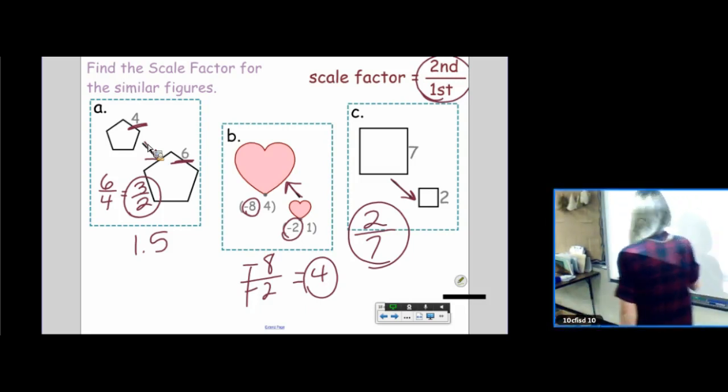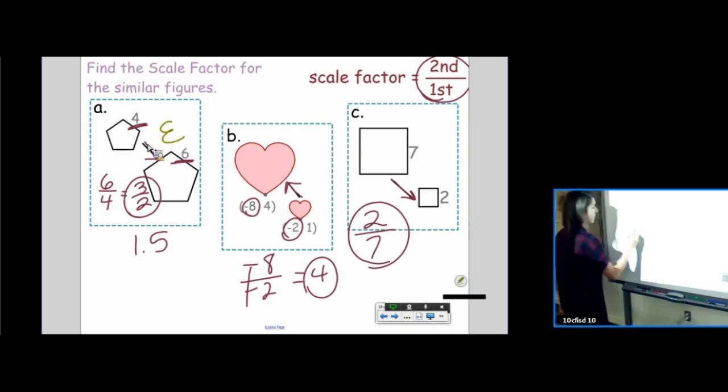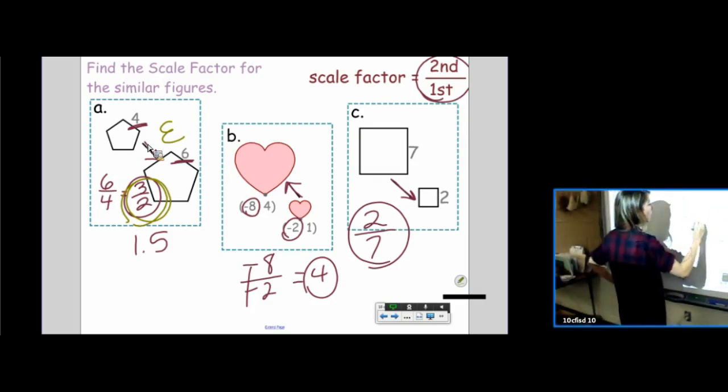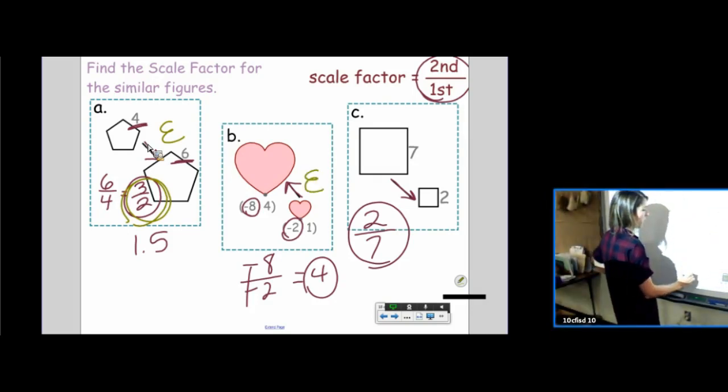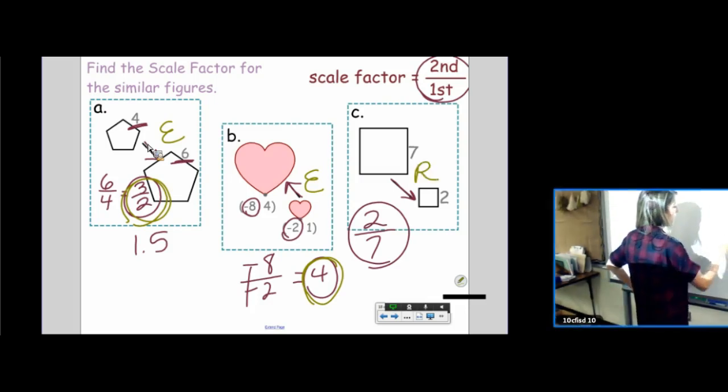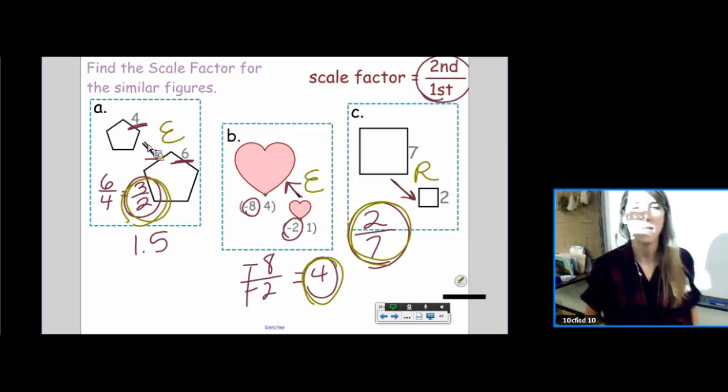In this one it was an enlargement, and my scale factor is 1.5, or 3/2. On this one it was another enlargement, and my scale factor was 4. On this one it was a reduction, and my scale factor is 2/7.